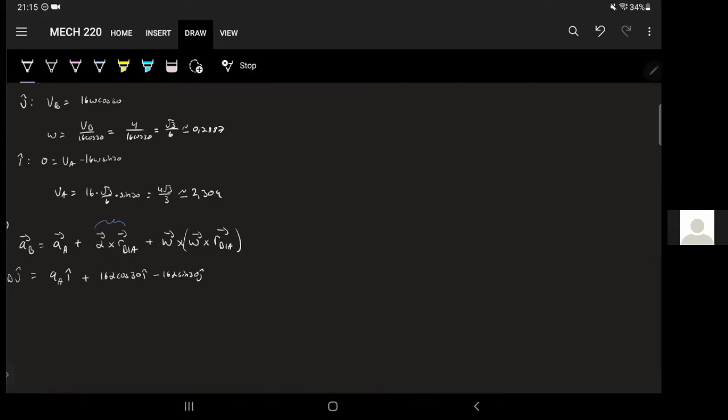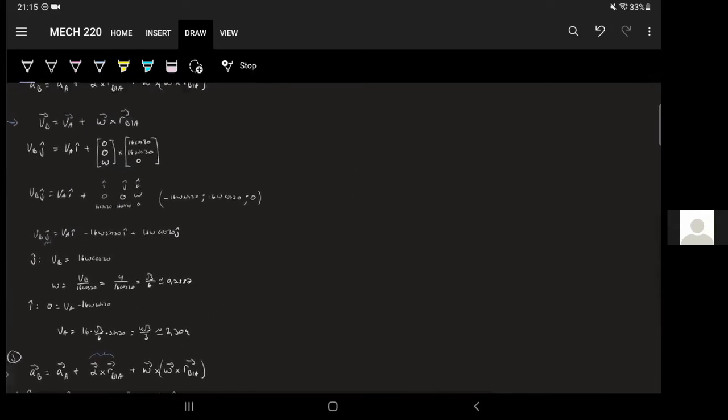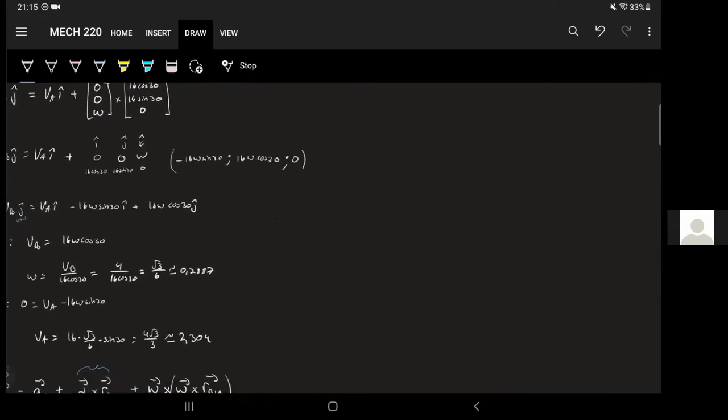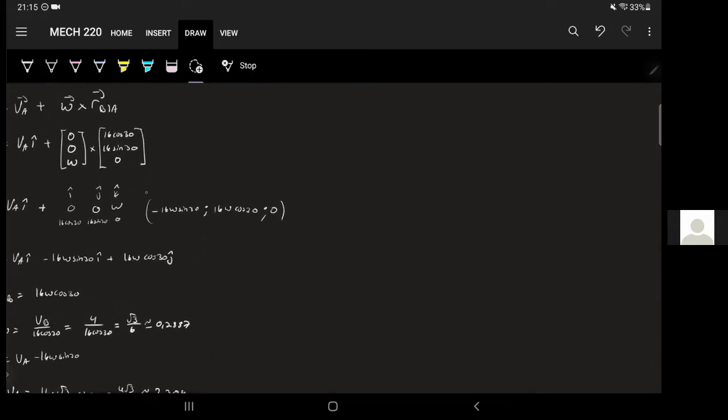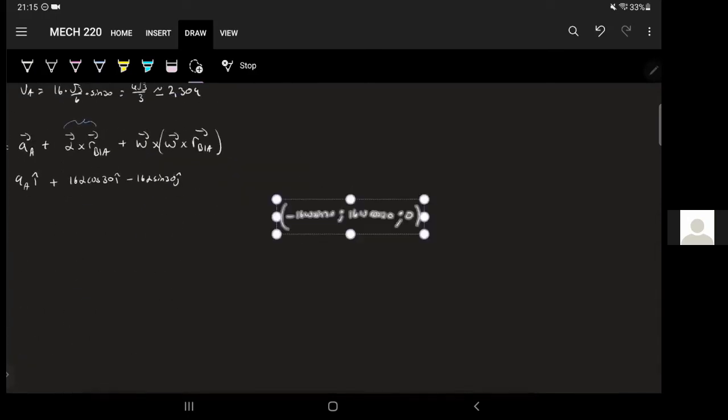Right, and then we have to do this omega thing again. So basically take this vector that we found here before, and multiply it again by 0, 0, omega.